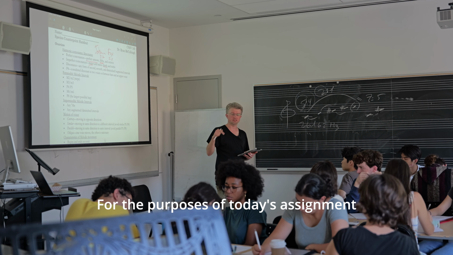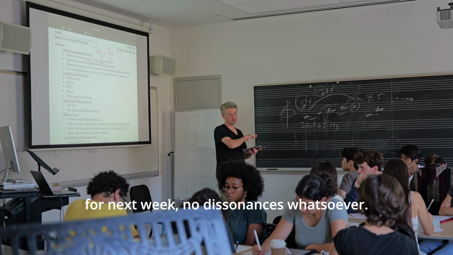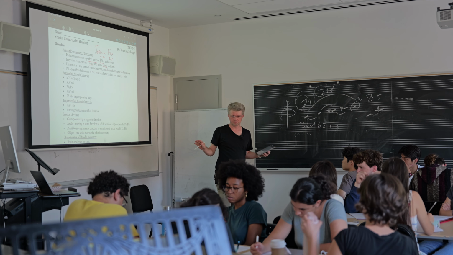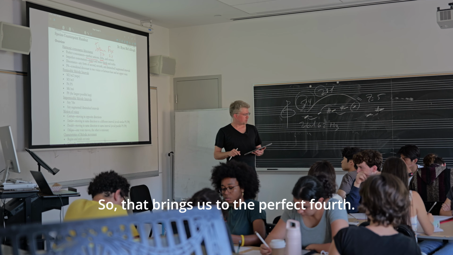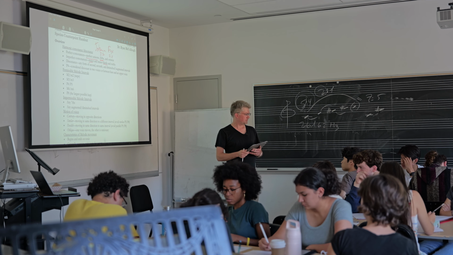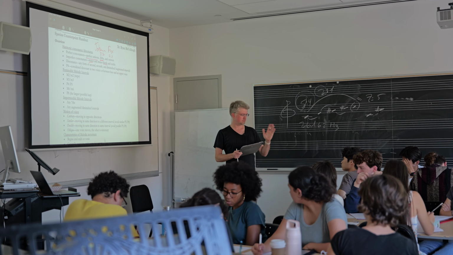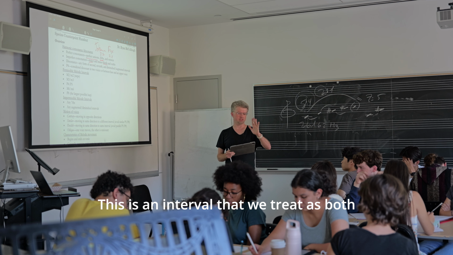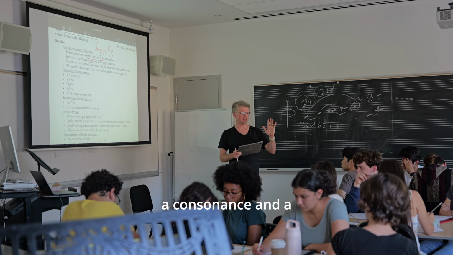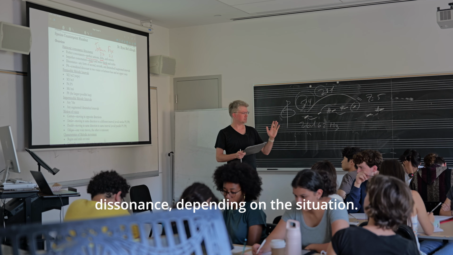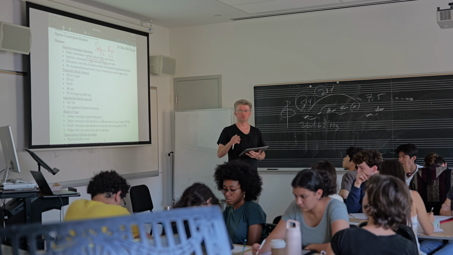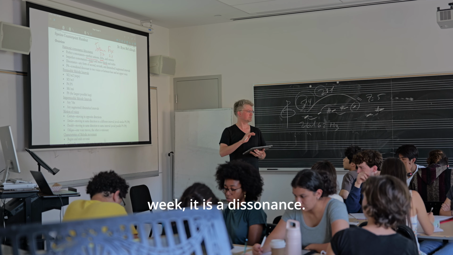For the purposes of today's assignment for next week, no dissonances whatsoever. So that brings us to the perfect fourth. This is essentially a cutoff interval. This is an interval that we treat as both a consonance and a dissonance depending on the situation. For your purposes for next week, it is a dissonance.